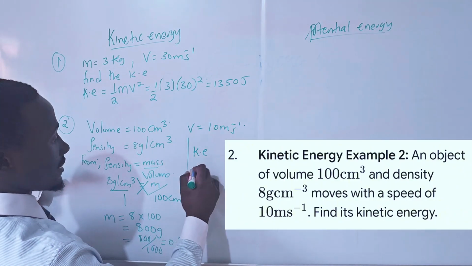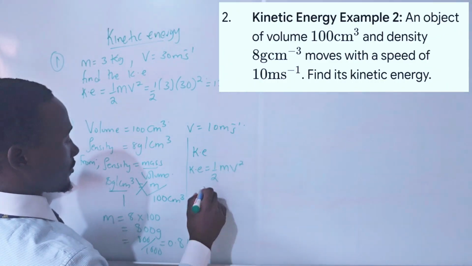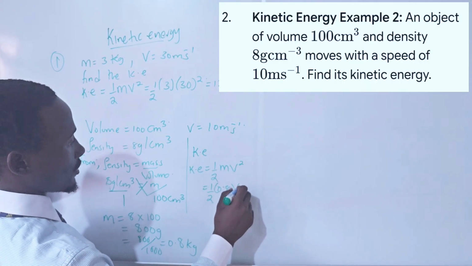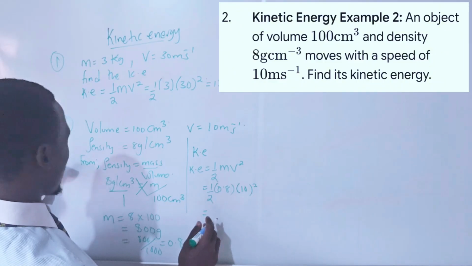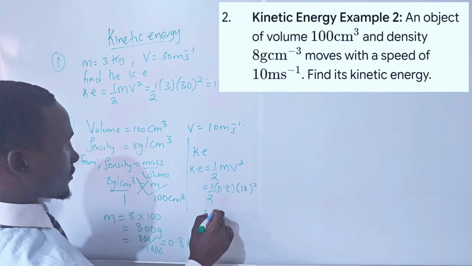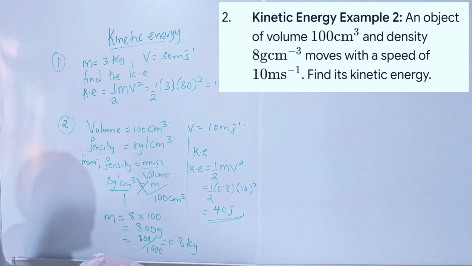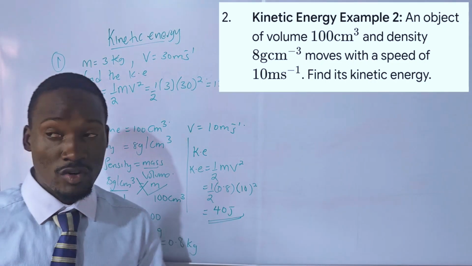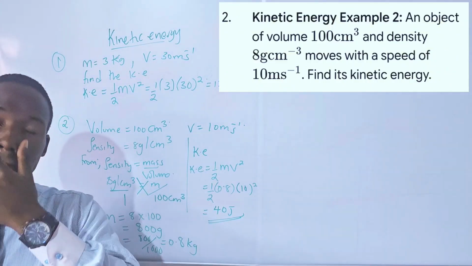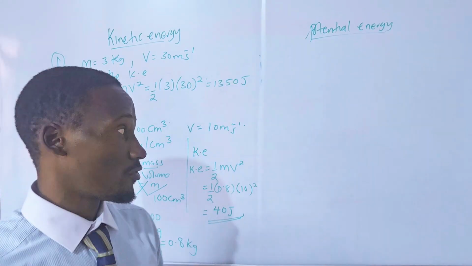So the kinetic energy will equal a half mv squared. It's a half times 0.8 times the velocity squared. And this one gives you 40 joules. So when we are doing these questions on the board, you can also get a calculator, pause the video and keep trying out with us so that you follow.